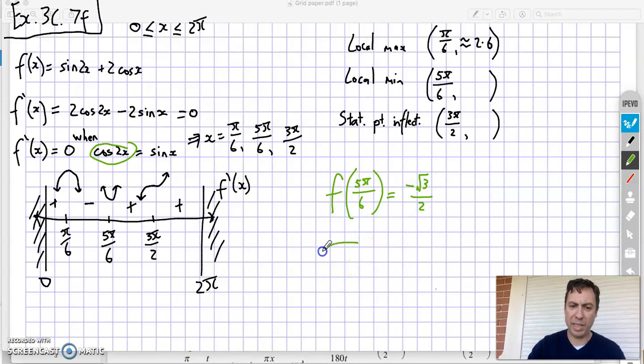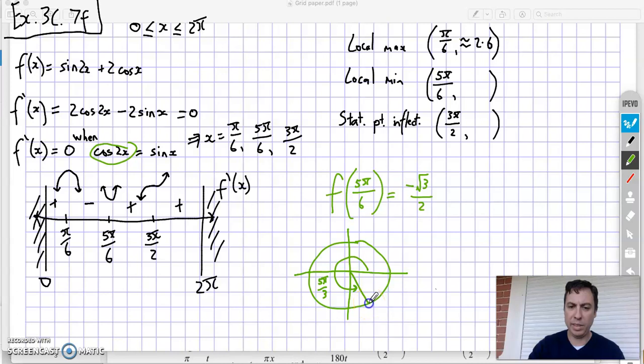This one might be a bit harder for you to see. What's 10 pi on 6? Well, that's the same as 5 pi on 3, isn't it? There's 3 pi on 3, there's 4 pi on 3, there's 5 pi on 3, it's here. So our 10 pi on 6, after we've doubled, is the same as 5 pi on 3.